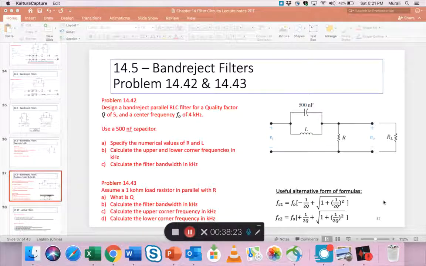So apparently some of these formulas, they work directly. Definitely the formulas that use the beta, the bandwidth, and the formula that uses the Q, the quality factor, both of these, if you need it, you can directly calculate in hertz. You don't have to first do it in radians. Okay?